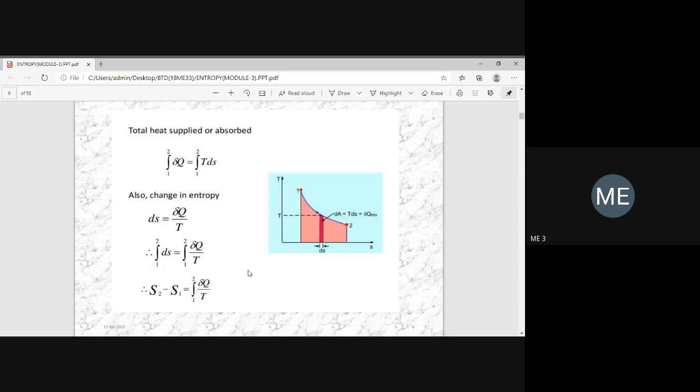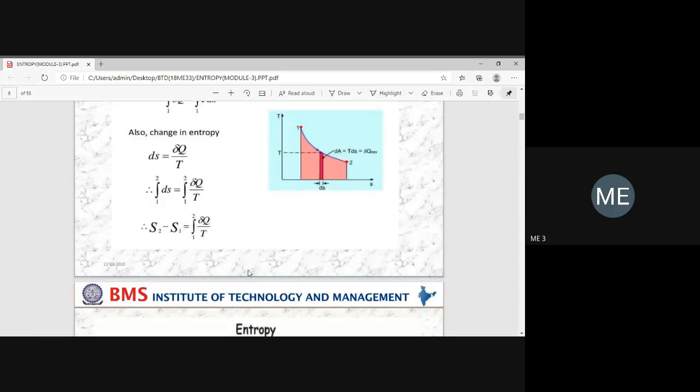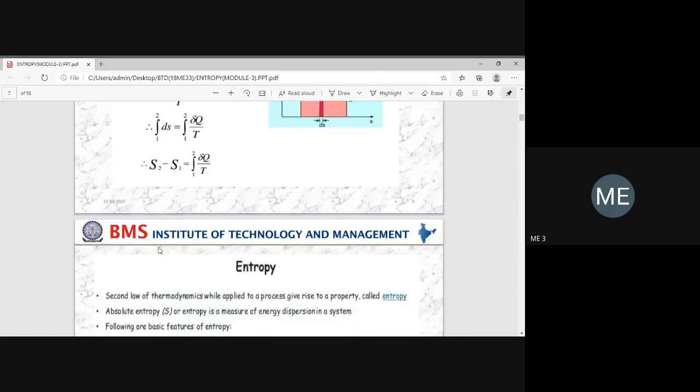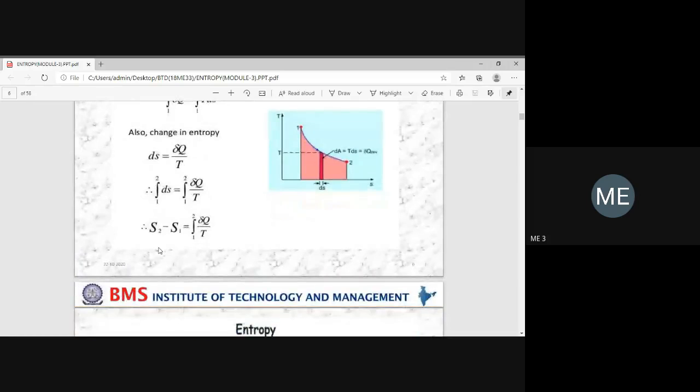That is, the cyclic integral of dV equals 0, of dT equals 0, of dP equals 0; the cyclic integral of any thermodynamic property is 0. So internal energy and entropy are also thermodynamic properties and point functions. So the integration of ds equals the integration of dq by T. So we can write S2 minus S1 equals the integration of dq by T, or in general, ds equals dq by T.